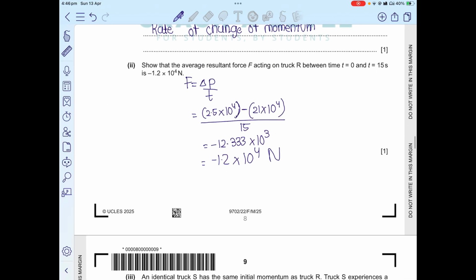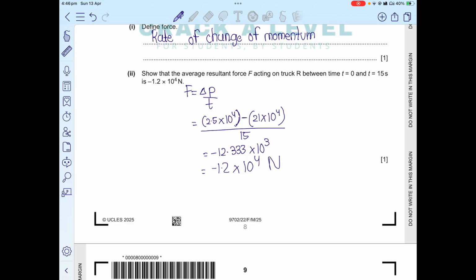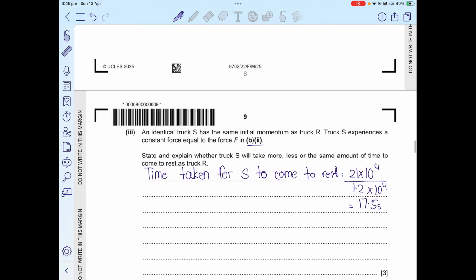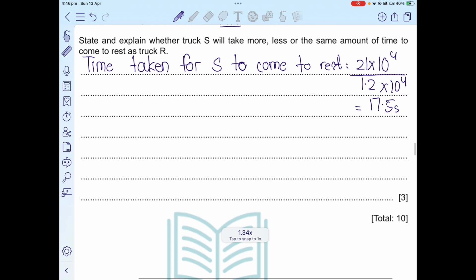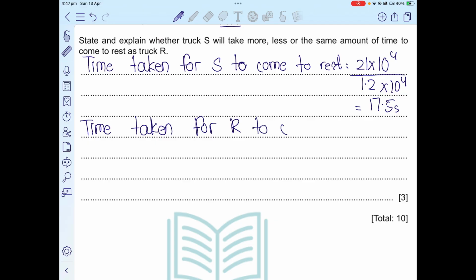Whereas for the other truck, it will take more time. Now, this is the time for truck S. Let's try to calculate the time for truck R. The time taken for R to come to rest, I think this value can be received from the graph.